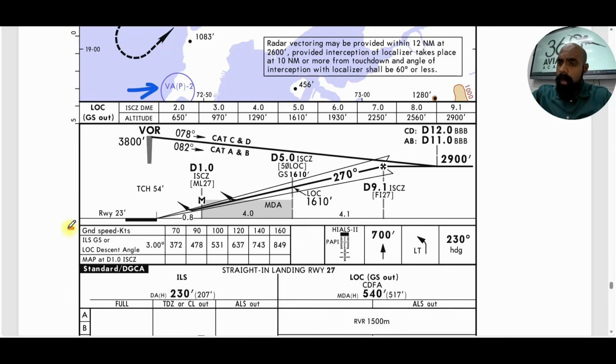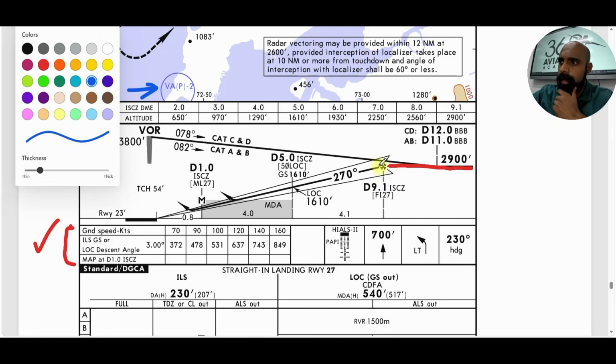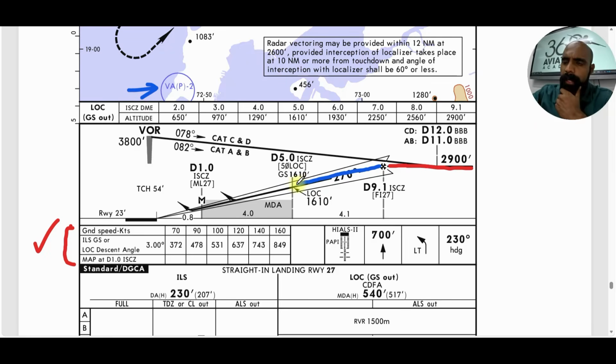We are talking about this segment over here, and this is called your conversion tables, right? Conversion tables. Basically, if you're flying at a certain ground speed, it tells you at a 3-degree descent angle, what should your rate of descent be? So, for example, if you're doing a non-precision approach, you're flying this way, and like I said, the final approach segment would be manually flown by the pilot, right?